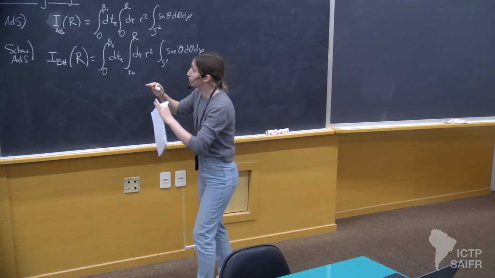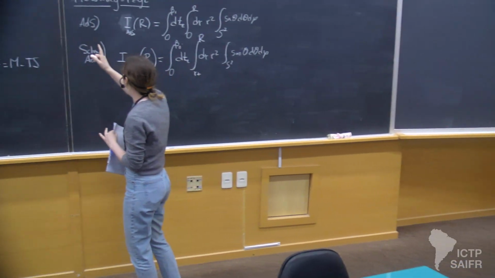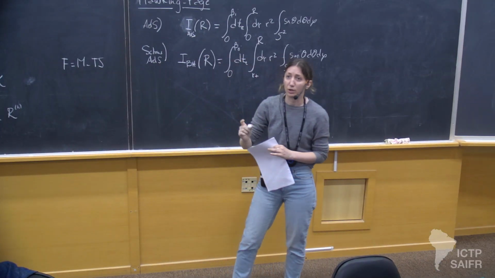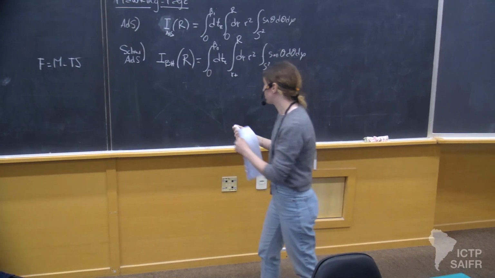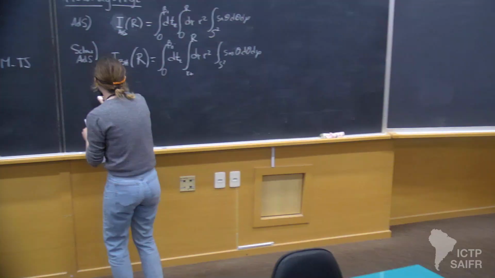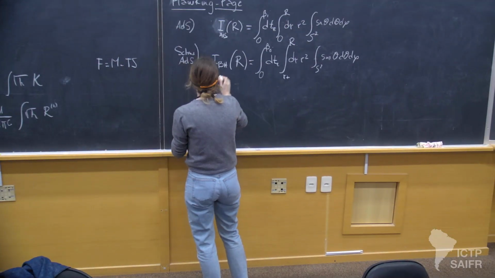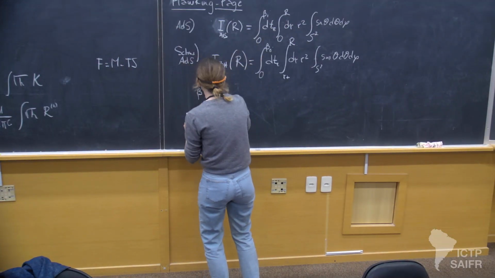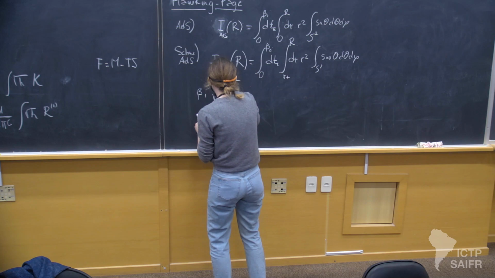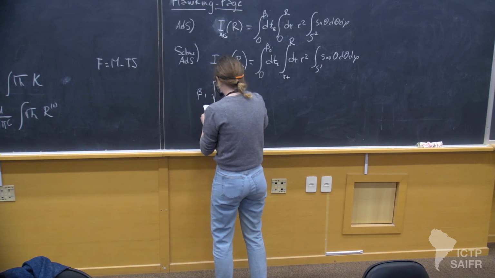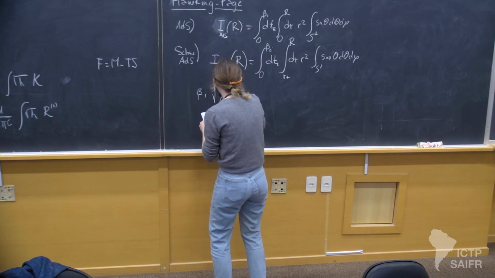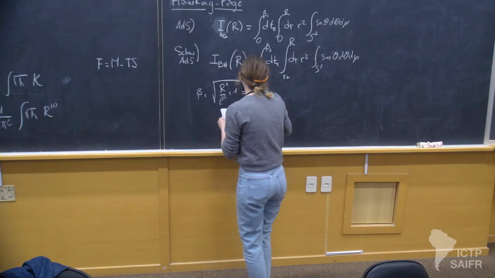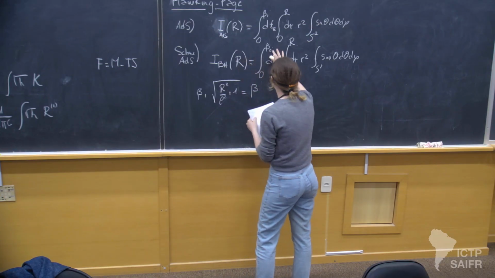So we want the radius of S1 for AdS to be the same as the radius of S1 of the Schwarzschild black hole. This means that beta 1, for the warp factor, the square root of the warp factor of the Schwarzschild solution, should equal the temperature of the black hole.